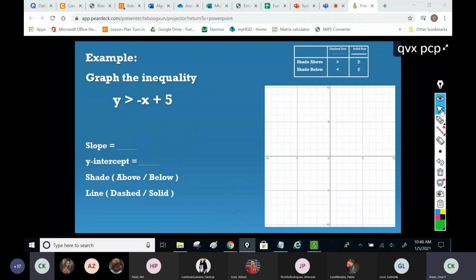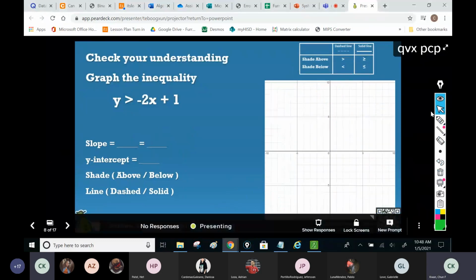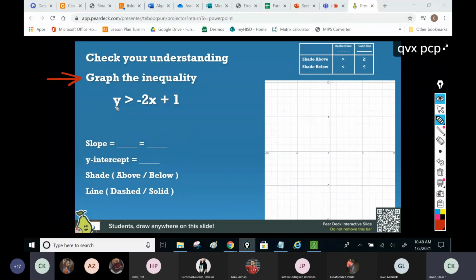All right, let's give this a try. Now I want to see if you guys know how to do this. Just give it a try. Graph the inequality y greater than negative 2x plus 1. You're going to have to look for the slope first.